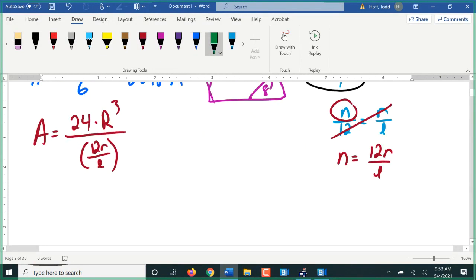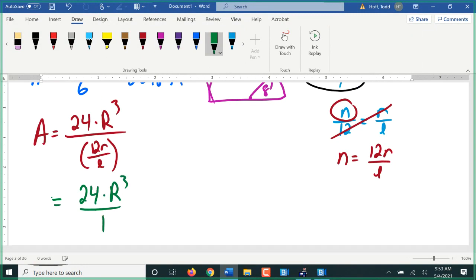So what that means, I'm going to have my 24 times r cubed over 1, and small r up here too, times the reciprocal of this. So it'll be L on top and 12r on bottom. And we notice 24 and 12 cancel. They both divide by 12 to give us 1 and 2.